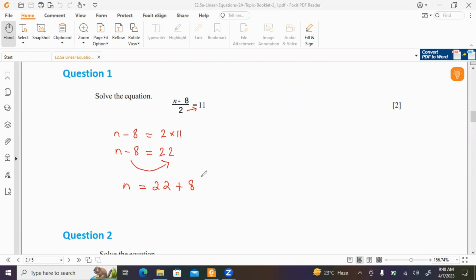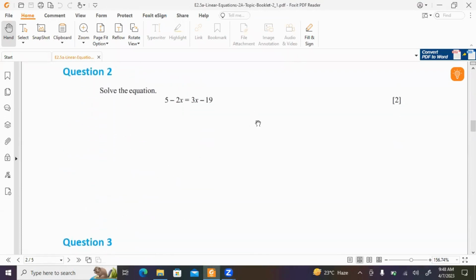For example, if it's originally being added, on the other side, it gets subtracted. If it's originally being subtracted, then it gets added. Similarly, with multiplication and division, if it's being multiplied, it divides on the other side. And if it's being divided on the original side, it gets multiplied on the other side. So n equals 30 is our answer.